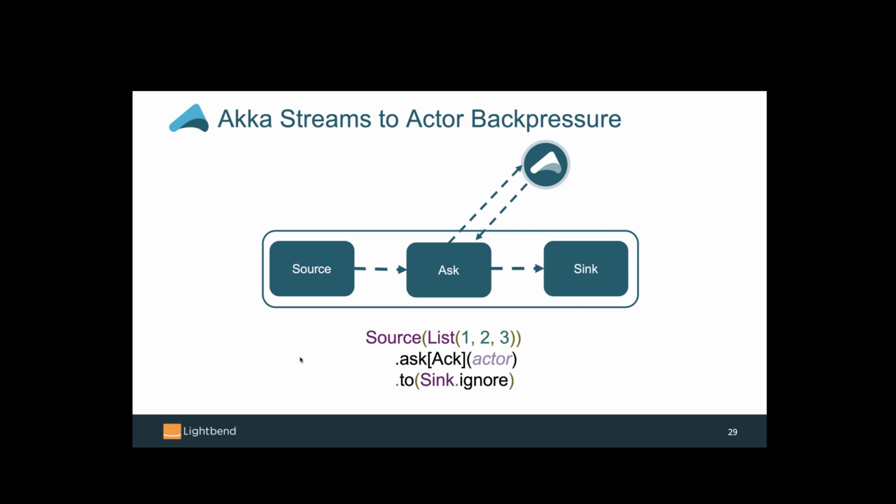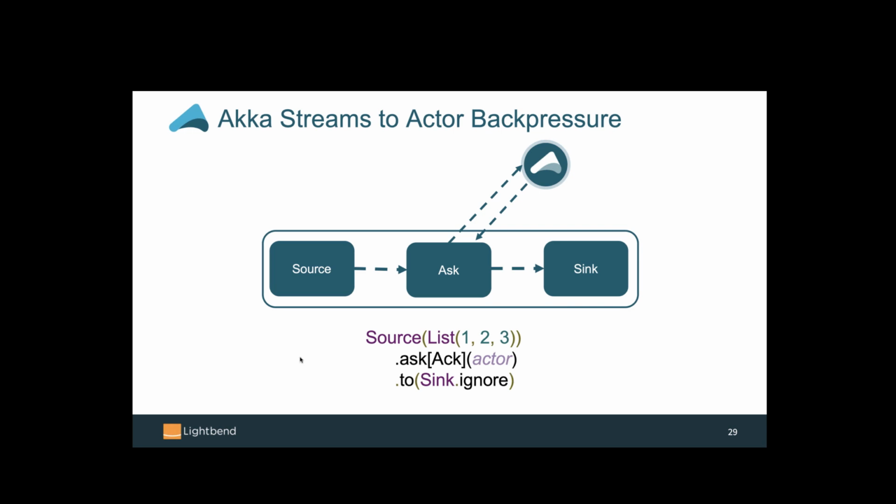From this example right here, the other point that I forgot to mention, well, I kind of did mention it: only one of these messages is ever going to be at this actor at any given time. But let's say we're sending these messages to user actors, each one to the corresponding user actor. So 1 goes to user actor 1, 2 goes to user actor 2, and 3 goes to user actor 3.